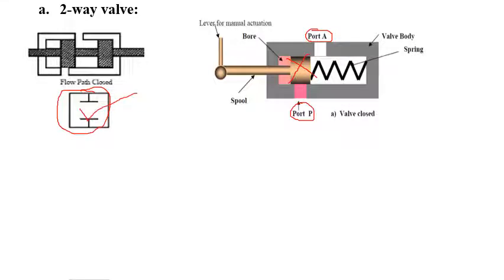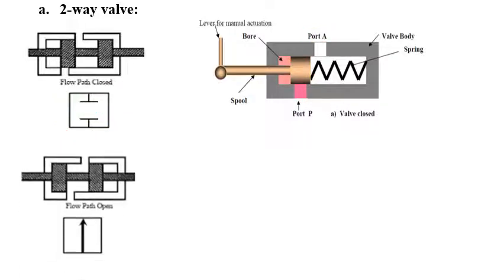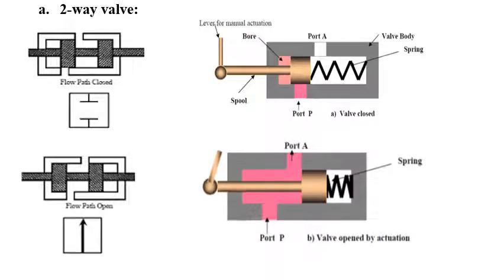When we move on to the second diagram, in this case the flow is connected. Once this lever is actuated by external force, the spool travels against the spring force.